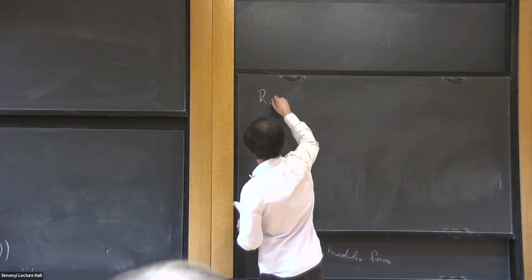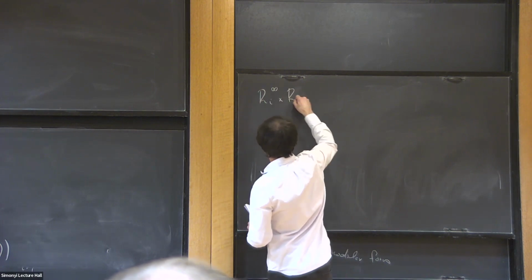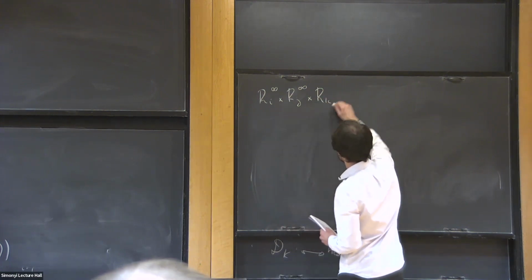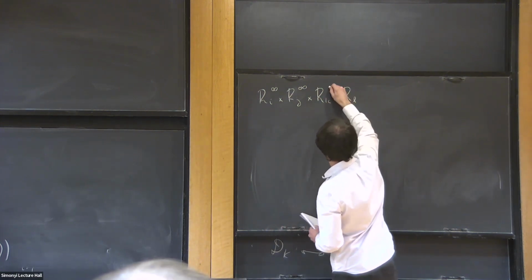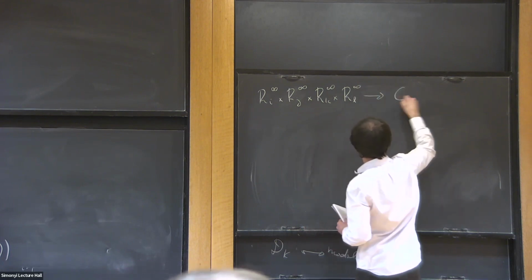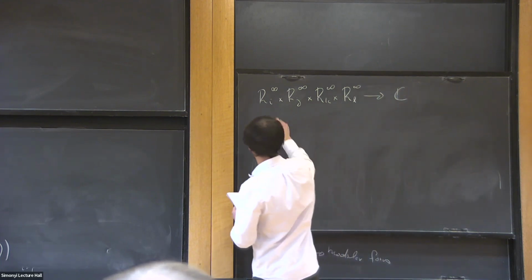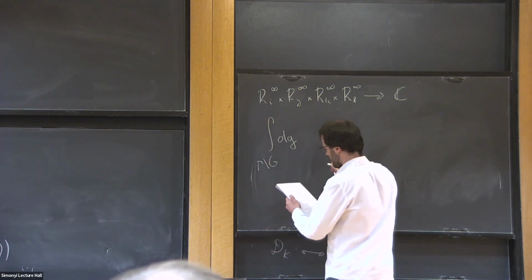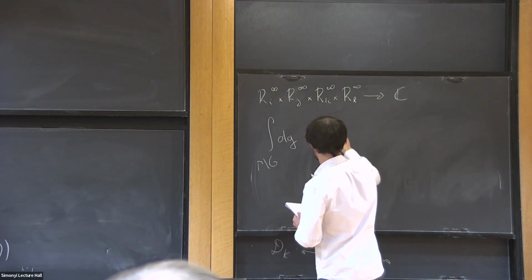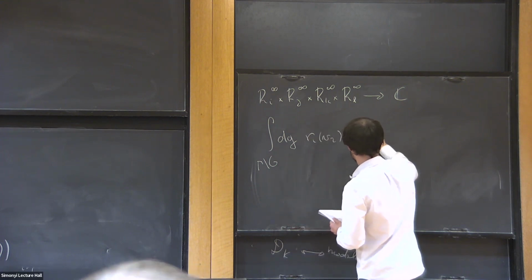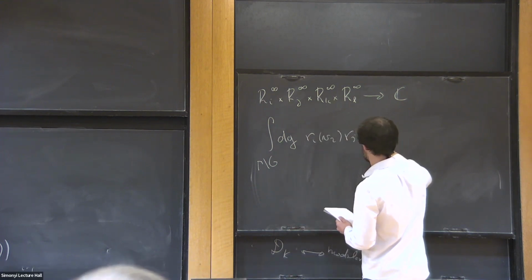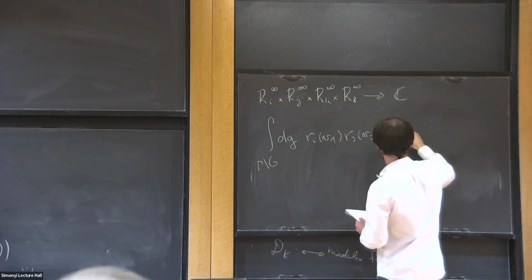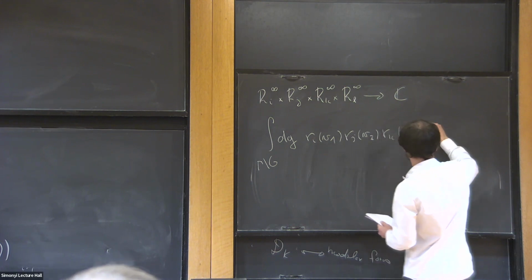To implement associativity, you take four of these representations, I, J, K, and L, and you construct this G-invariant map, which is just the integral of the product of these things, one, two, three, four.